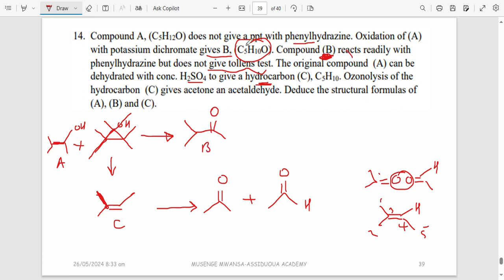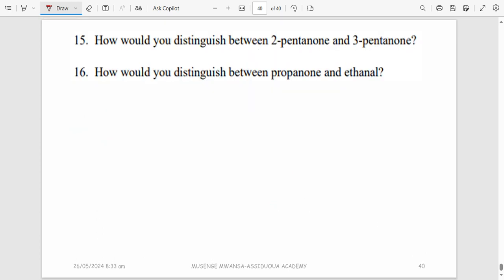And that follows, because they've said that B does not give the Tollens test, meaning that it's a ketone. Only ketones are negative with the Tollens test. So we have written C, we have written A, we've written also B. Okay, so that is it. That's how you interpret that.